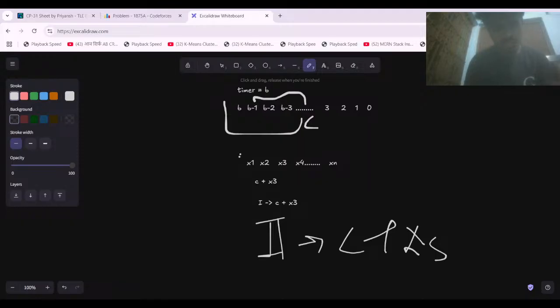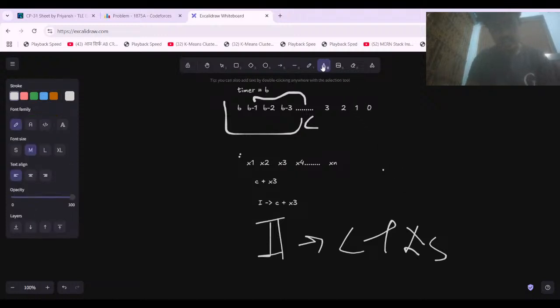This tool is making a contribution to my answer from B3 to B, and this contribution is actually the minimum of xi and a minus c, right?